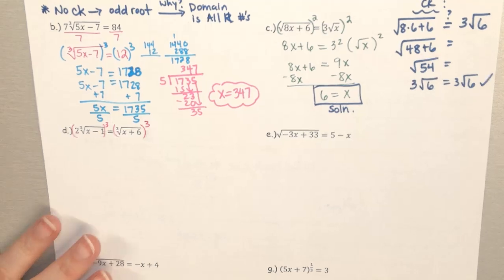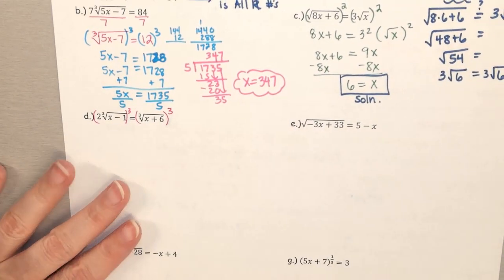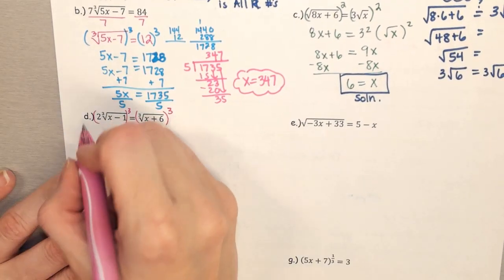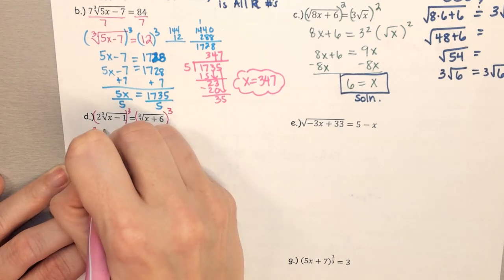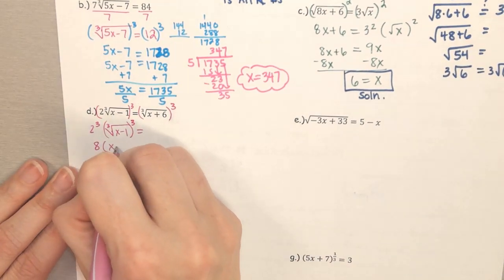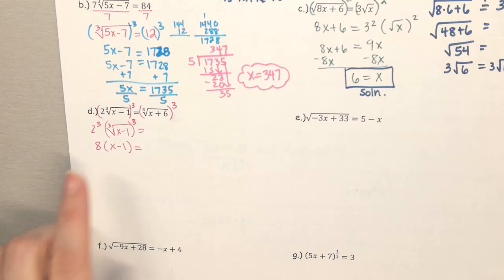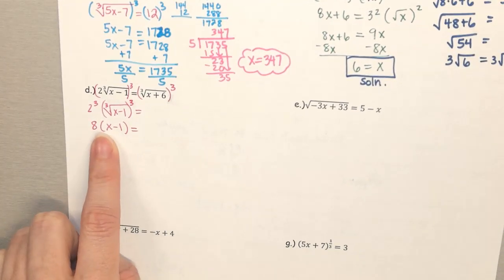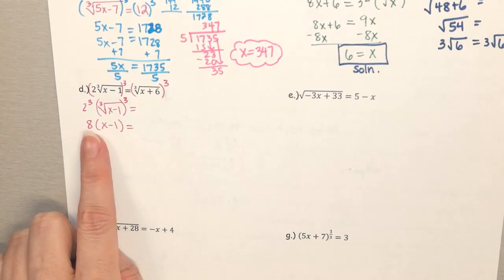Okay, so once you've decided that you're going to raise each side to the power of 3, remember, you're doing 2 to the third and root 3 times x minus 1 to the third, which is going to get you 8 times x minus 1. You have to make sure that in this case you distribute that 8.